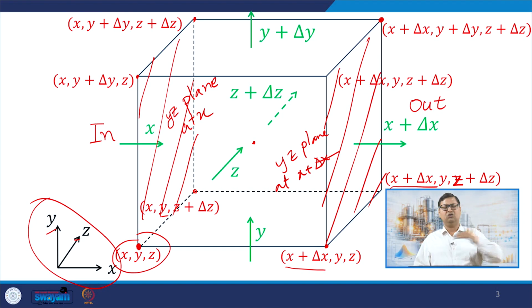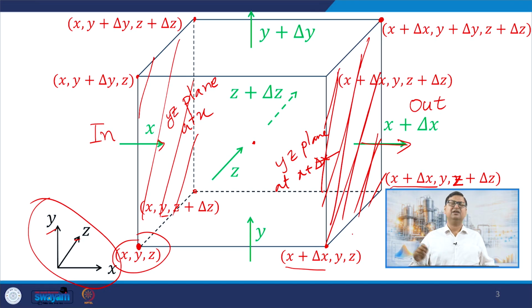So, the flow or anything comes in the x direction, crosses this YZ plane and enters the control volume, and while it is going out, it is at the position x plus delta x, but still in the x direction. It crosses the YZ plane and goes out from this particular plane at x plus delta x, right.